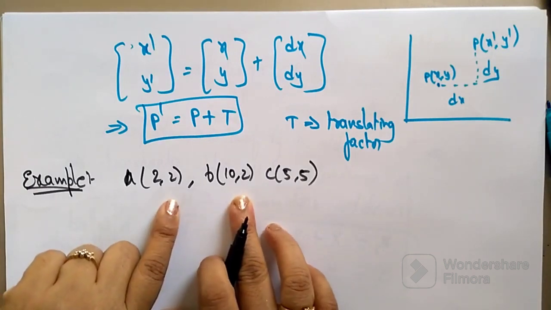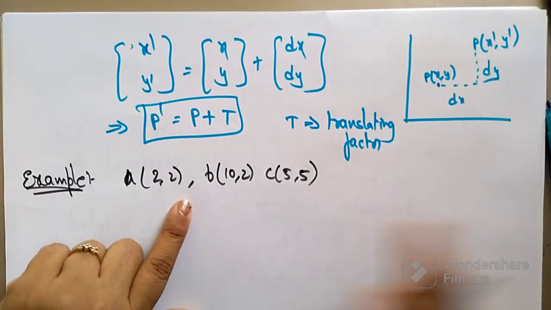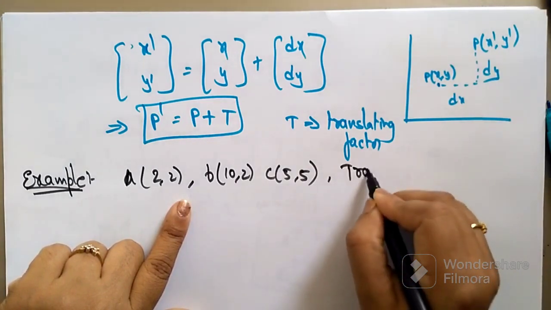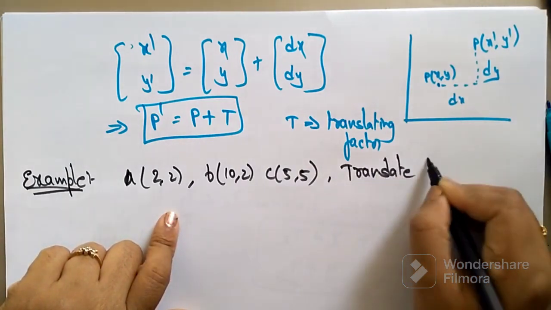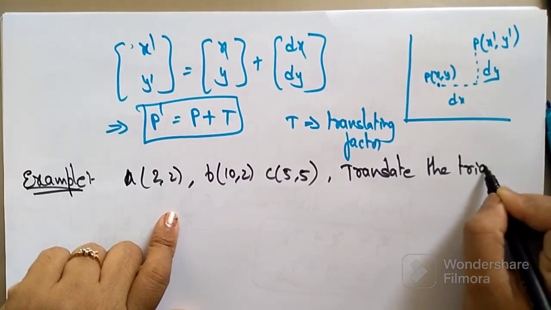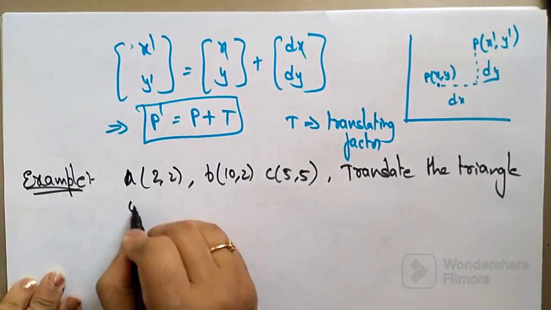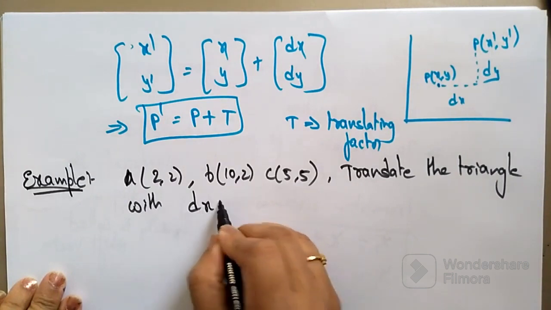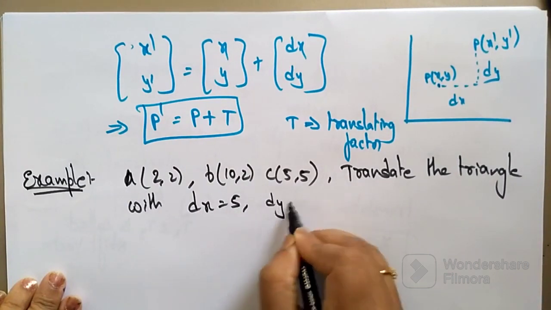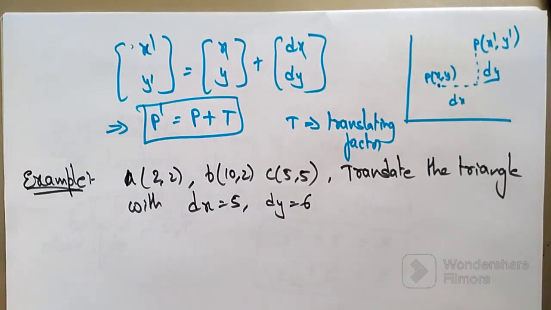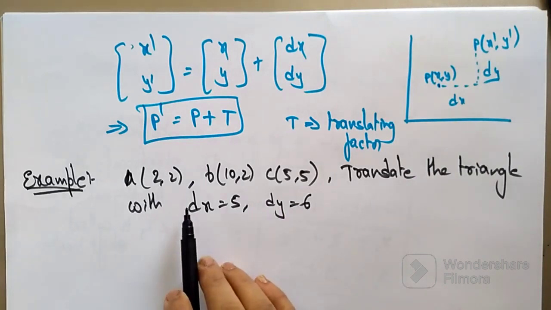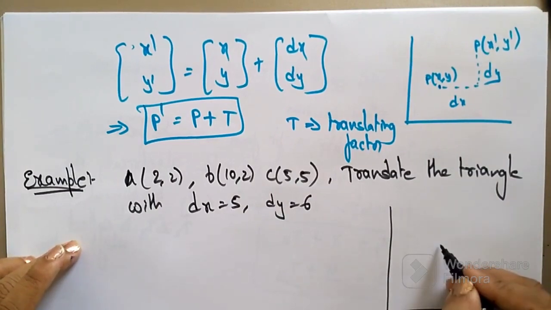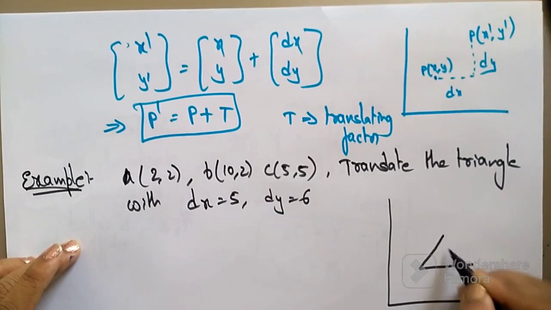So one triangle is given with vertices like this, and translate the triangle with the shifting vectors, that is dx is equal to 5 and dy is equal to 6. So this is a problem. They have given one triangle with vertices ABC.